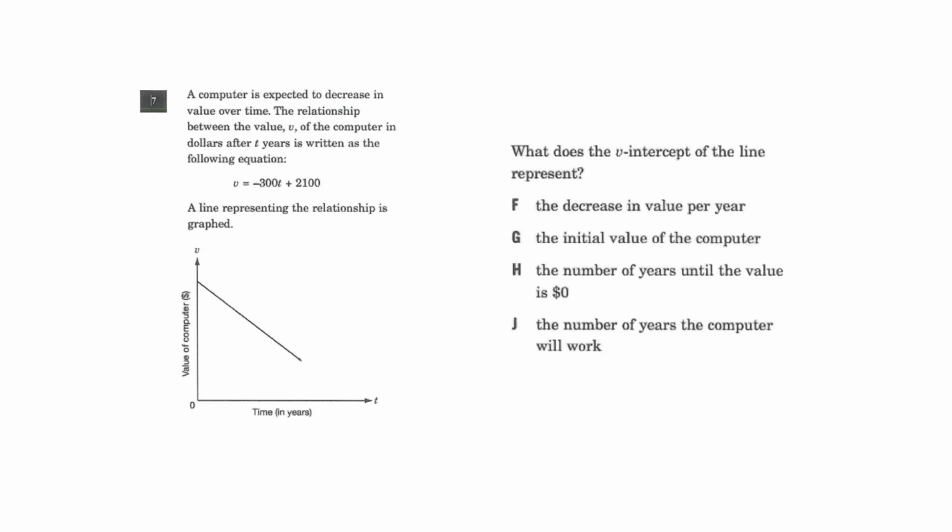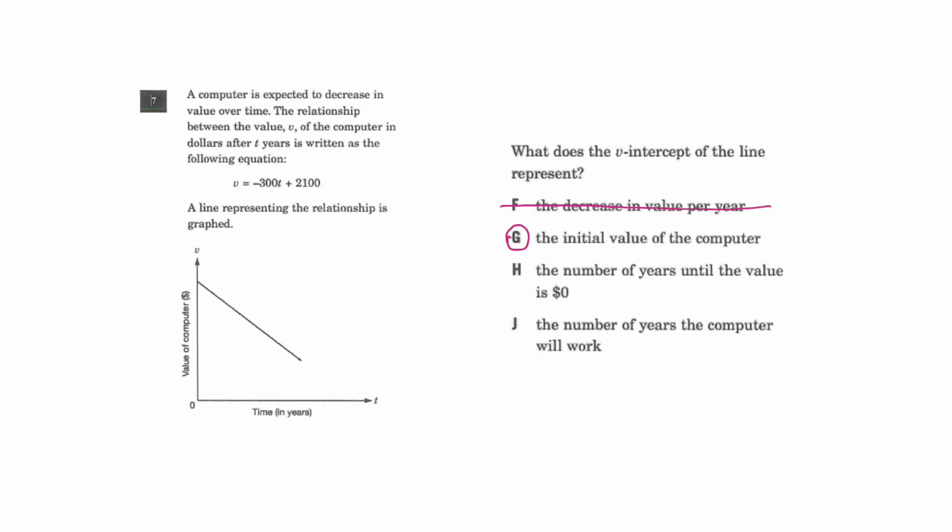So if we take a look here, the V-intercept would be the initial value, what you start off with. So it's not the first one. It's not the decrease in value per year, so that's wrong. The initial value of the computer, that is the right answer, so it's that one.